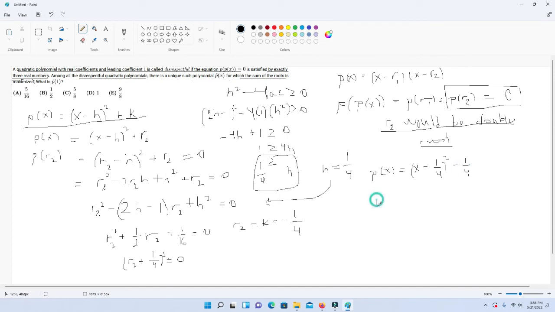Subbing in for p of 1, we get 1 minus 1/4, 3/4 squared, 9/16, minus 1/4, 4/16, which gives us our answer of 5/16, which is answer choice A.